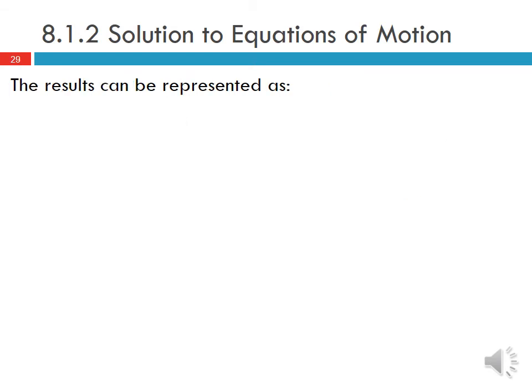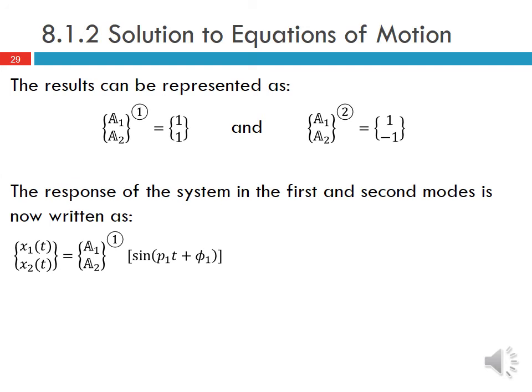So the results can be represented with these expressions. So this vector, a1, a2, 1, can be the vector 1, 1, and a1, a2, 2 is the vector 1, negative 1. So the response of the system in the first and second modes is now written like this.